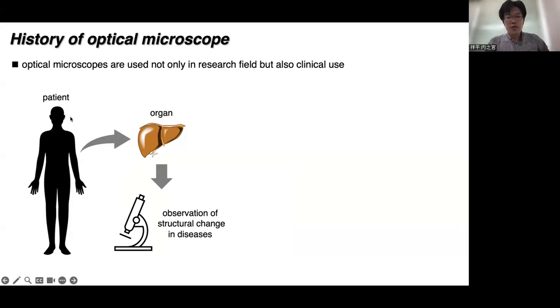This is because doctors judge the disease of a patient by directly seeing the sample from the patient with a microscope. Okay, so for example, doctors isolate, of course not all of the organs, but part of an organ, and they observe the structural change of organs in diseases.